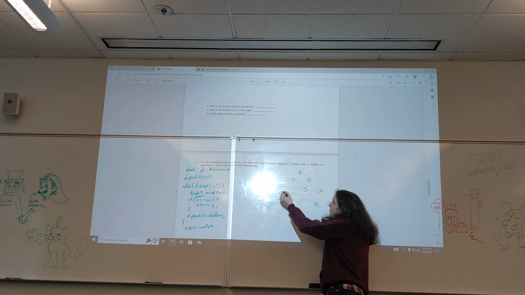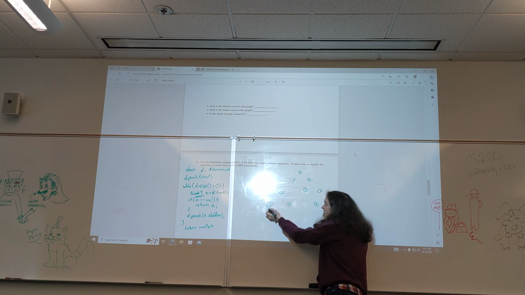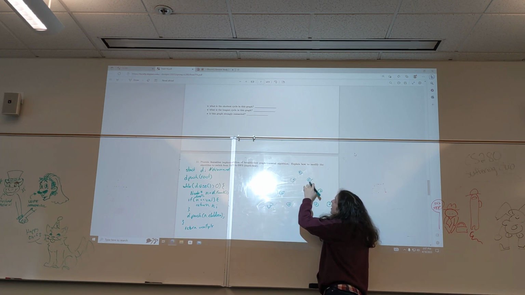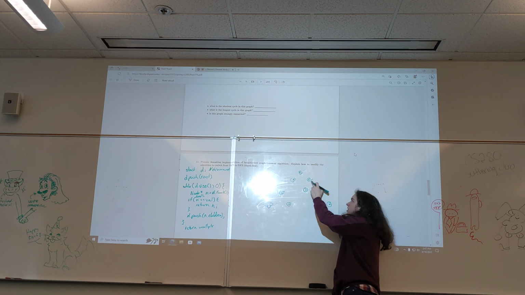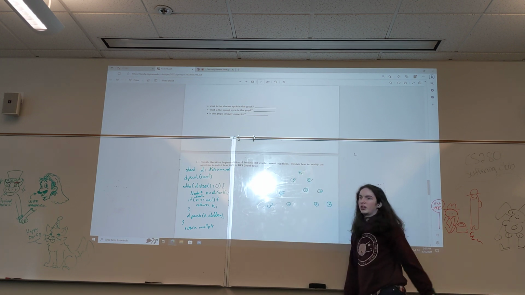Then we add left's children, right, left, and now left is on the top of the stack. We finish here, we exit from this one. Now right is on the top of the stack. We go to right, add its children, right, left. Left is now top of the stack, we're done here. We go to right, add its children, right, left. We're done here, done here, done here, and done here, because we're done with all the children.